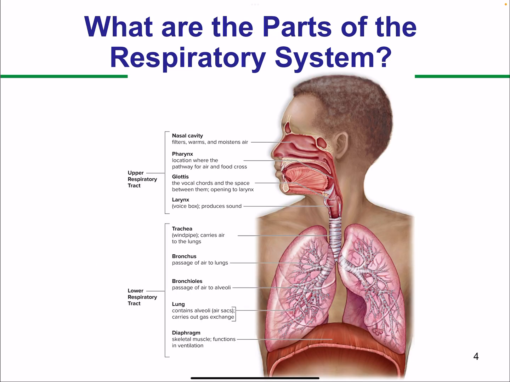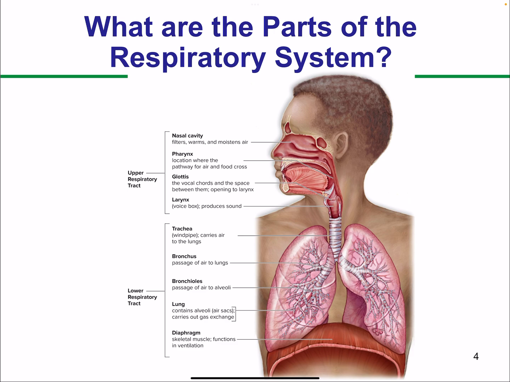Now, what are the different parts of the respiratory system? Basically, we are going to have two major divisions in the respiratory system. We're going to have the upper respiratory tract and the lower respiratory tract.